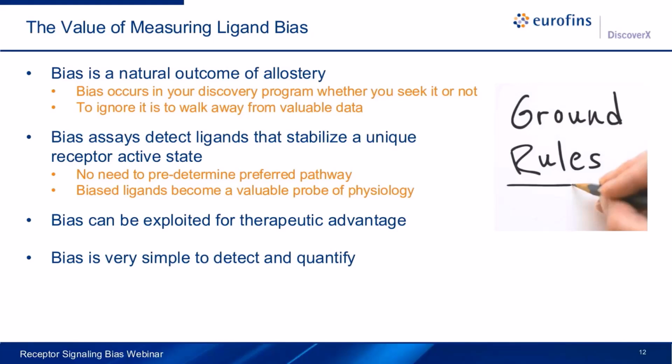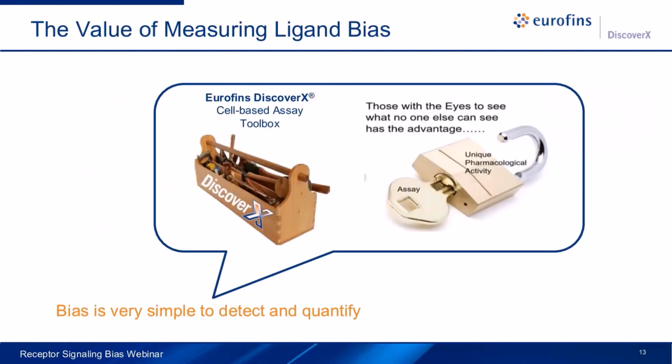Once you have your compound, the next step would be to test it in your natural systems to see if that plays out in some way that is advantageous. And we'll talk about how it can be exploited therapeutically, and it is very simple to detect and quantify.